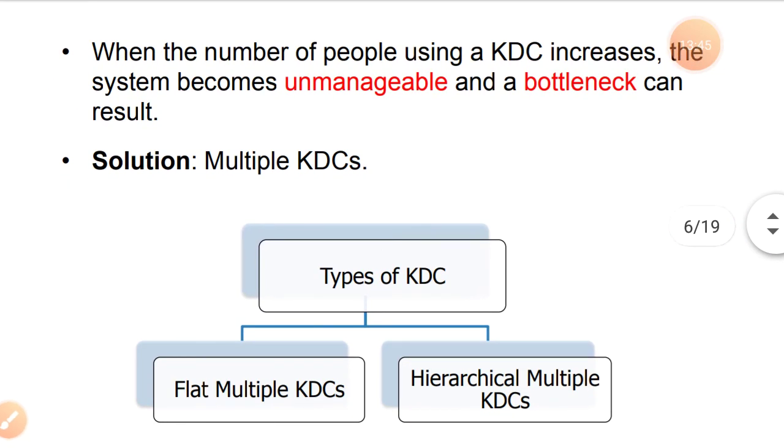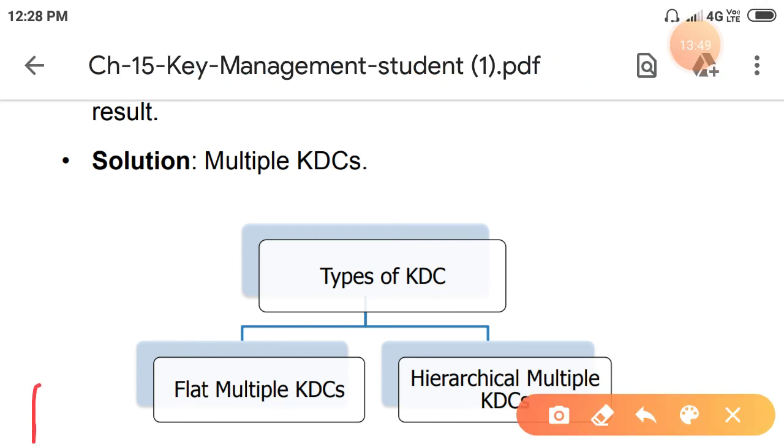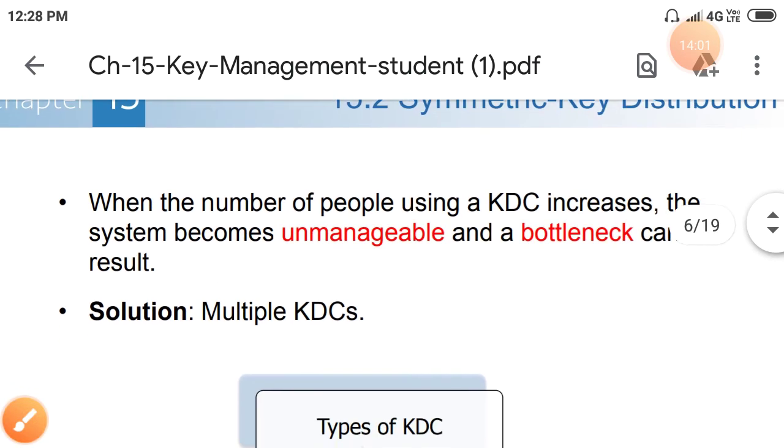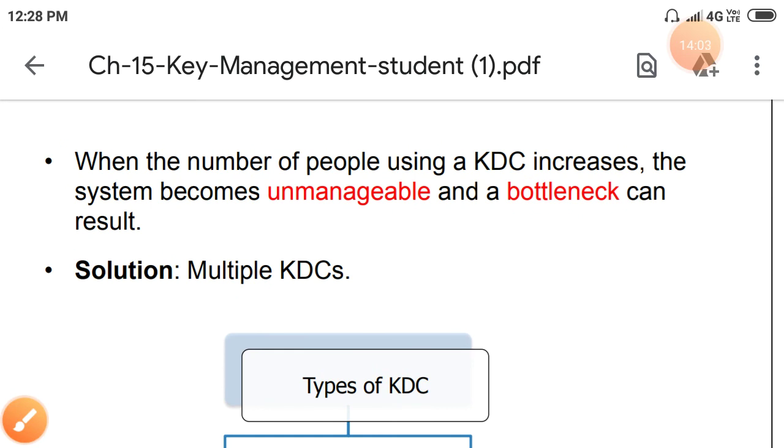When the number of people using the KDC increases, like more persons are there, A, B, C, D, more people, then the KDC load increases and the system becomes unmanageable.